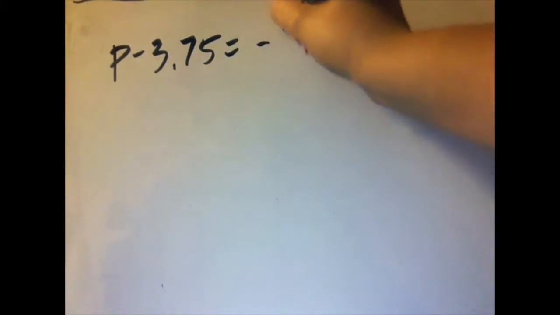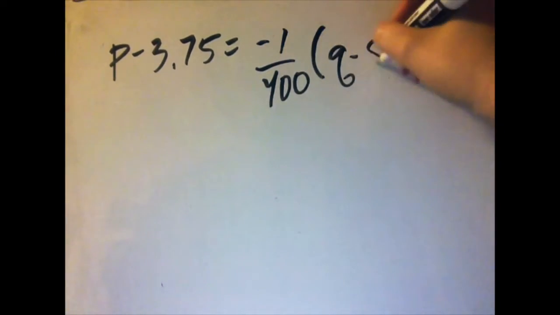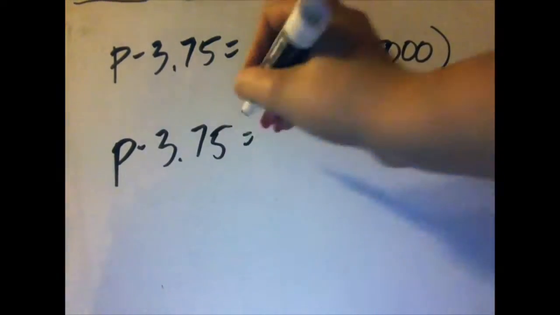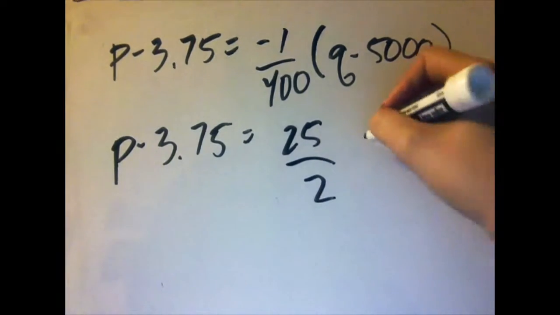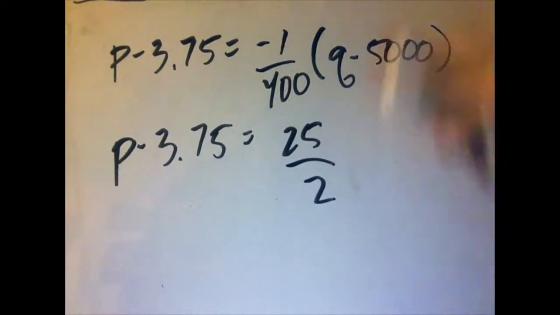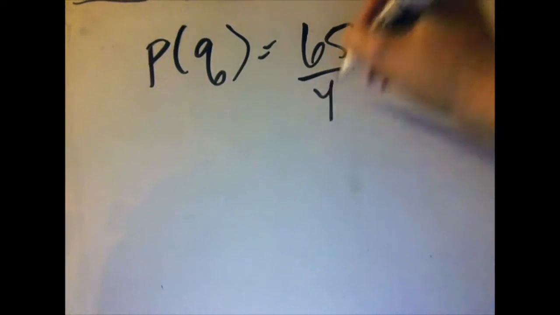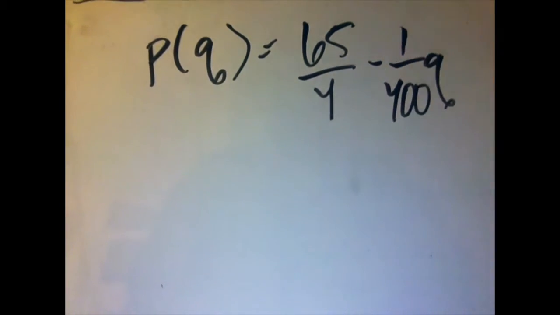We then multiply q minus 5,000 to both sides, which leaves us with p minus 3.75 equals negative 1 over 400 times q minus 5,000. This equals 25 over 2 minus 1 over 400 q. We then add 3.75 to both sides, which essentially leaves us with p(q) equals 65 over 4 minus 1 over 400 q.